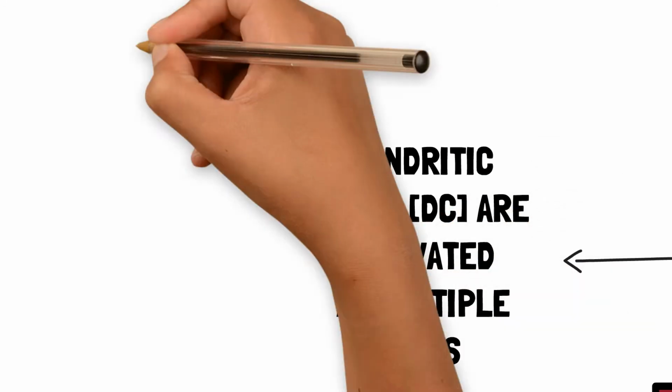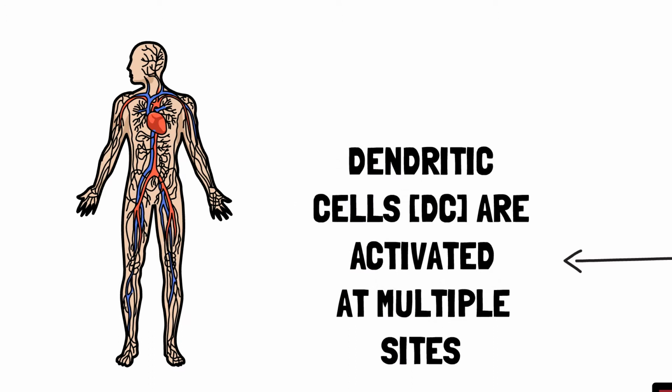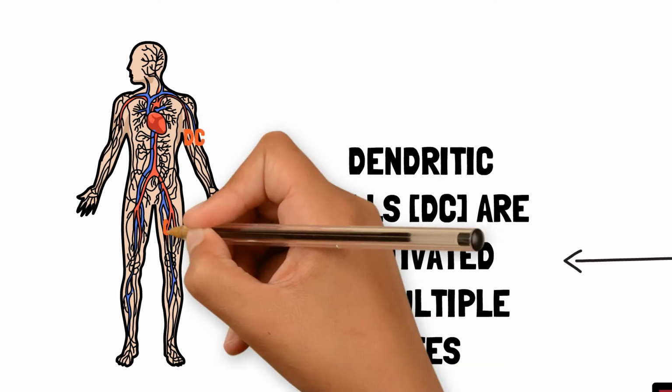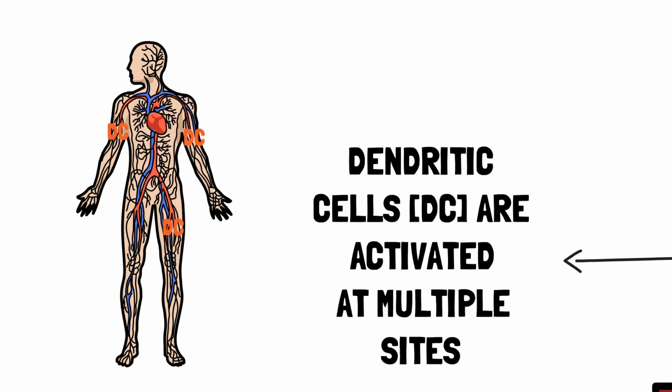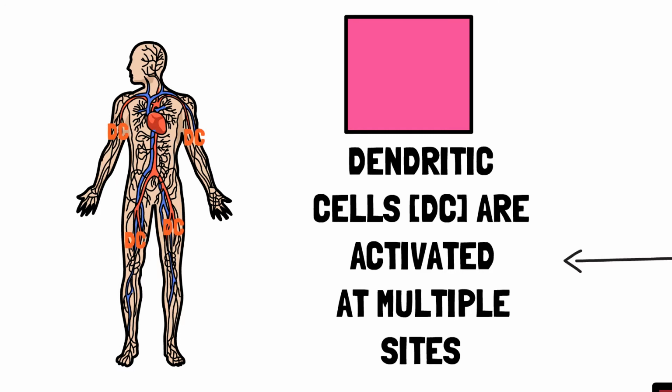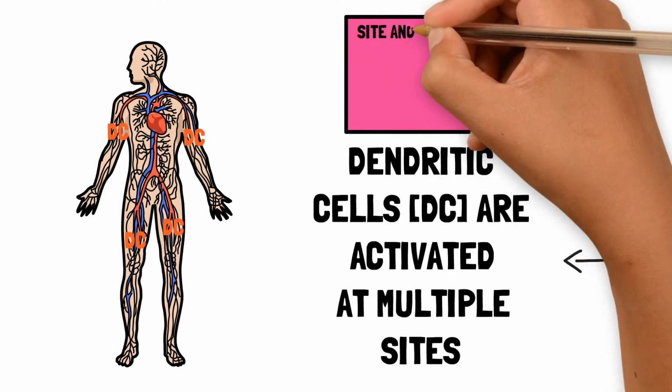This is in contrast to inactivated vaccines, where dendritic cells are activated at the site of injection. So in inactivated vaccines, the site of injection is very important, but here site and route are of minor importance.